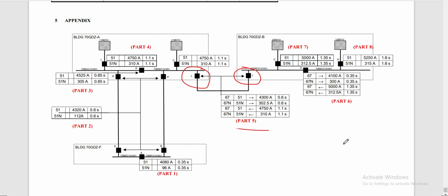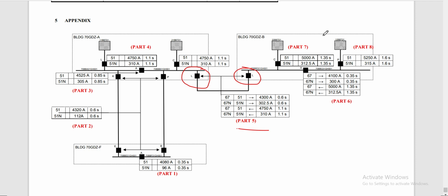Although I have discussed this with you, how we assign our time setting, I will discuss it again. I discussed this one earlier in my video number 1 and video number 2. On how we assign our time setting, we have 2 conditions.